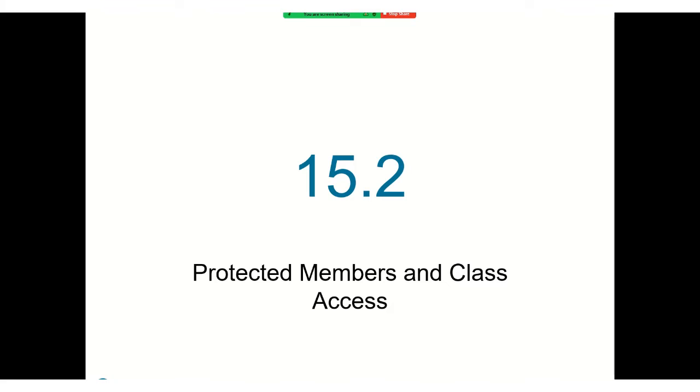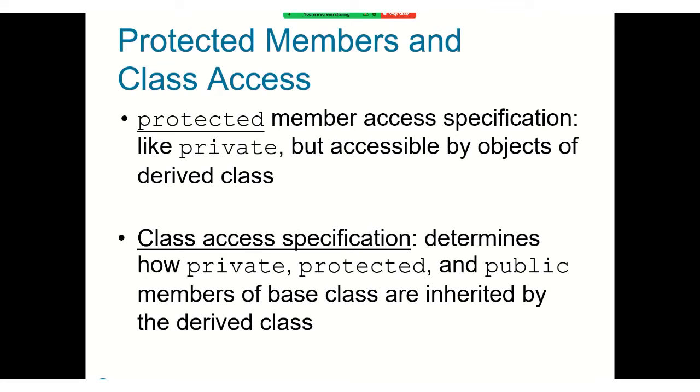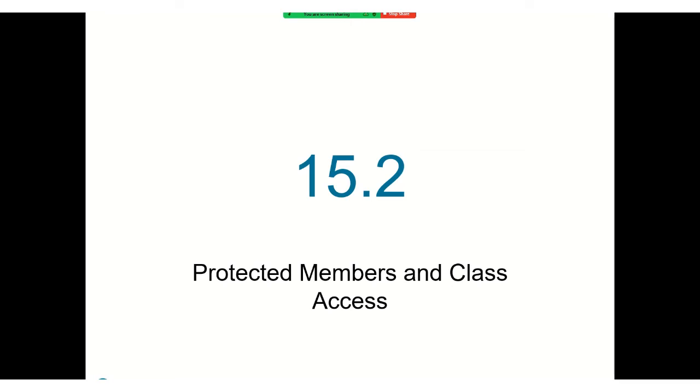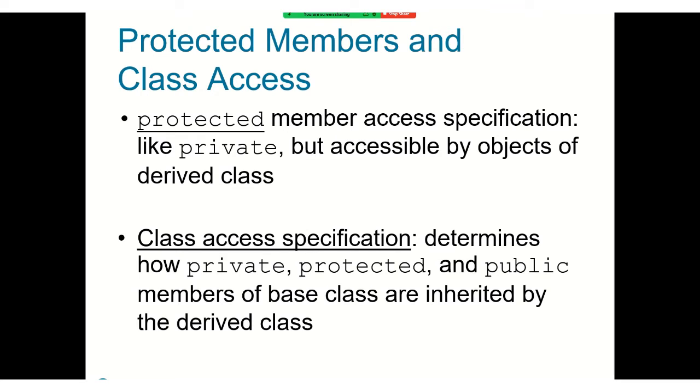Now things are getting a little complicated. We are talking about protected members and class access. So far we have talked about private and public. So what is protected? The protected member access specification is like private. If you instantiate an object, let's say you have a person object, the protected member after you instantiate that object is exactly like private.